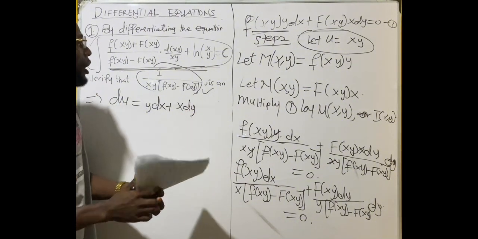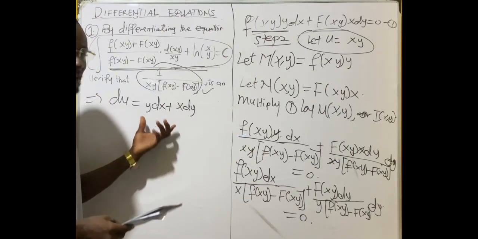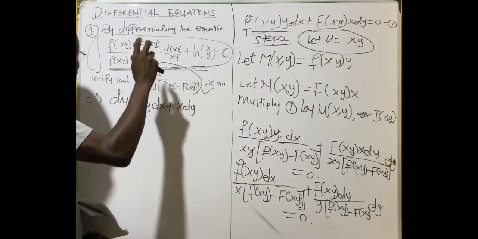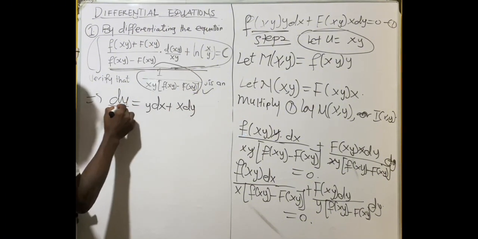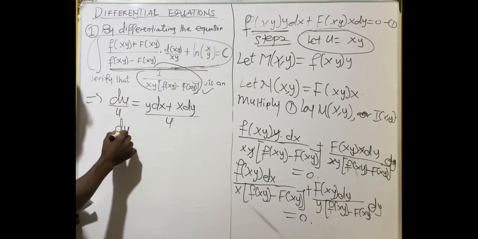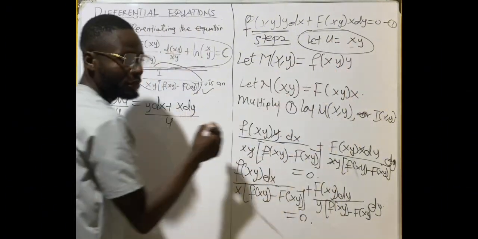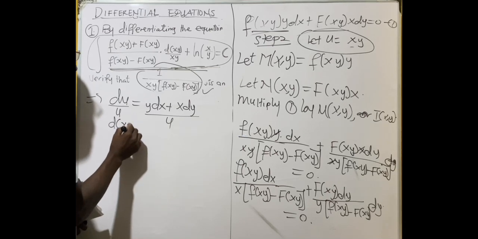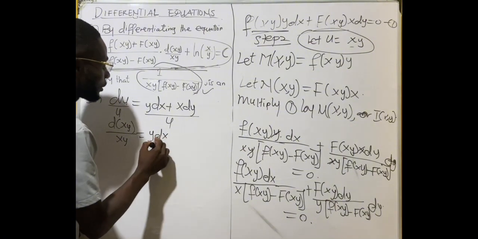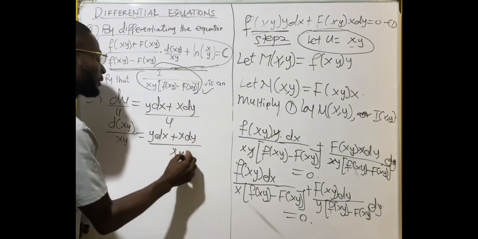Now, I want us to work this algebraic expression so that we have an expression to substitute here, because that is our mission. Okay, so here we divide all this by u. So we're going to have du, and don't forget that u is what? xy. So we're going to have d of xy all over xy equals y dx plus x dy all over xy, right?